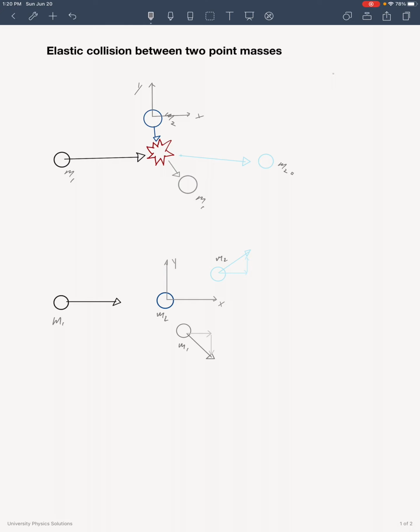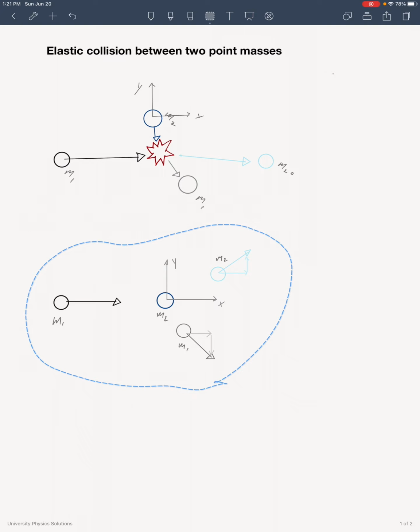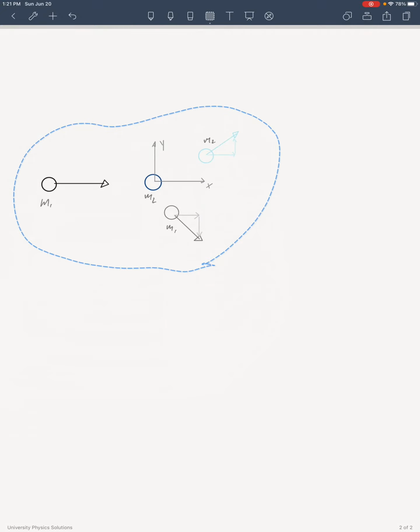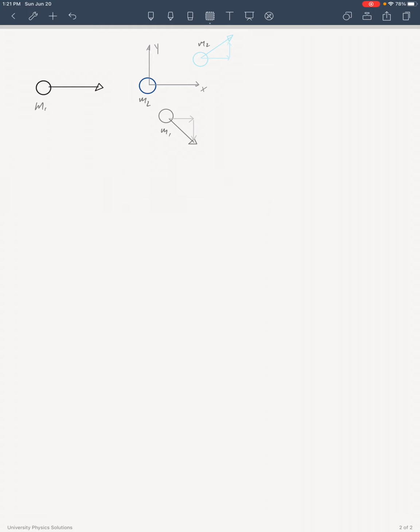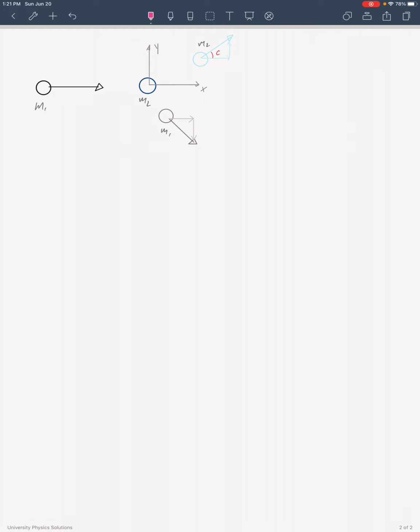So now this is the picture I can work with, which is a much simpler picture. I will call this angle, let's see what color for angles. This angle will be theta, and this angle will be phi, which is the scattering angle.